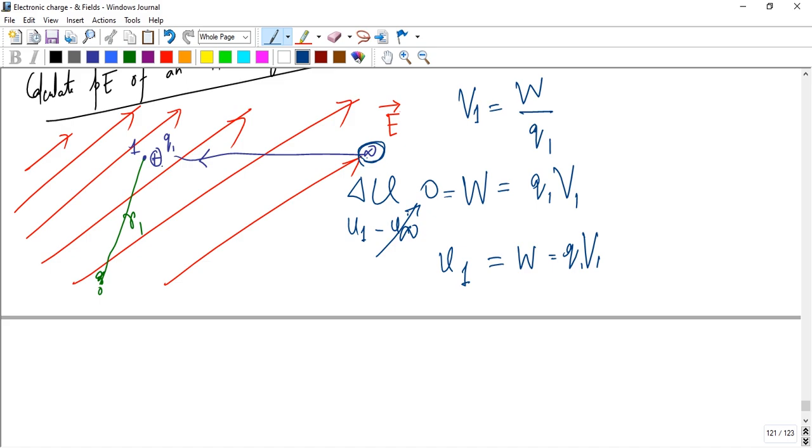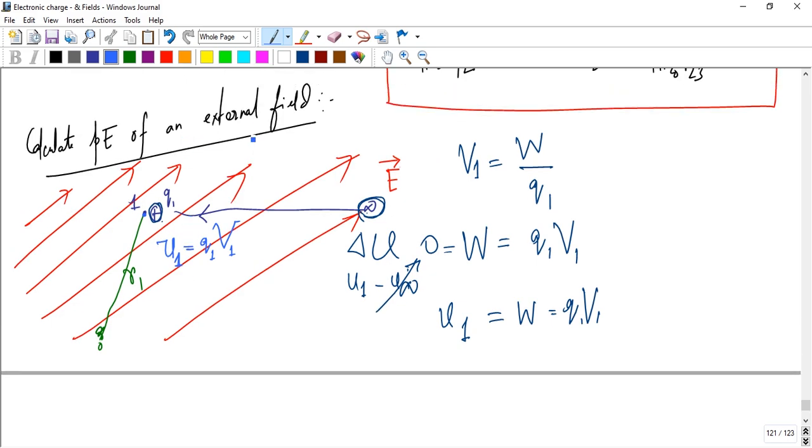So there is some energy associated with this concept. U1 is equal to the test charge Q, either positive or negative, it doesn't matter, times the potential at that point. If the test charge is Q1 and the potential is V1, the energy is U1. That is the potential energy in an external field.